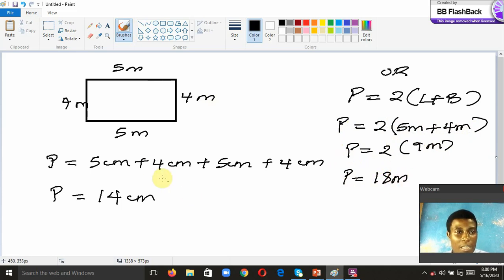Sorry, I made a mistake here. I used centimeters, please. It should be meters, not centimeters, and the perimeter should be 18, not 14. Sorry for that little error.